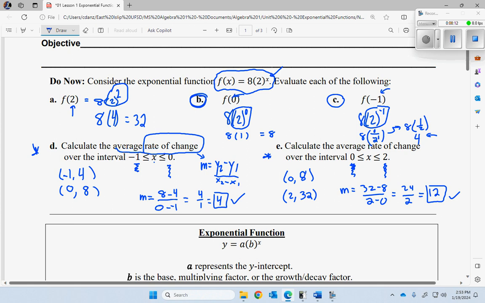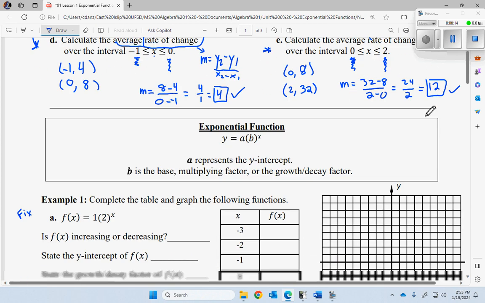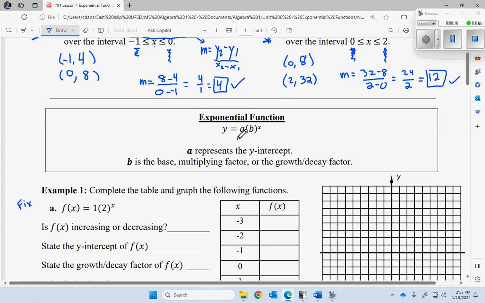So let's take a look at what an exponential function is in general. It's written as y equals a times b to the x. A actually represents the y-intercept, and I have it written down right here for you, while b represents what we call the growth factor.